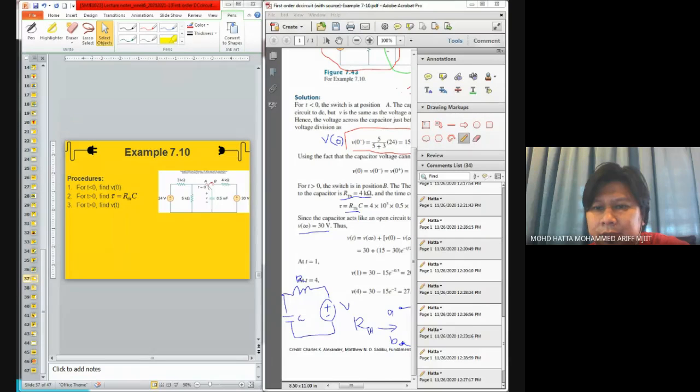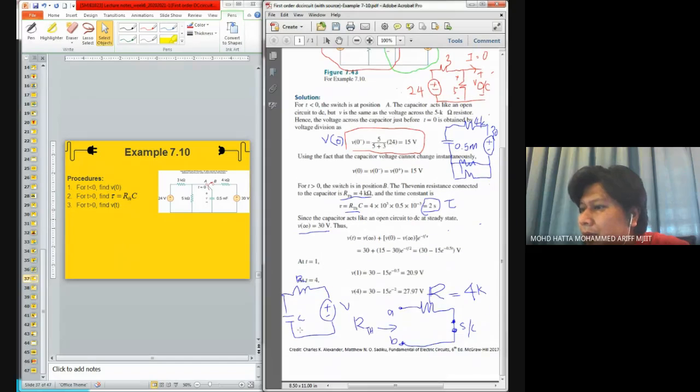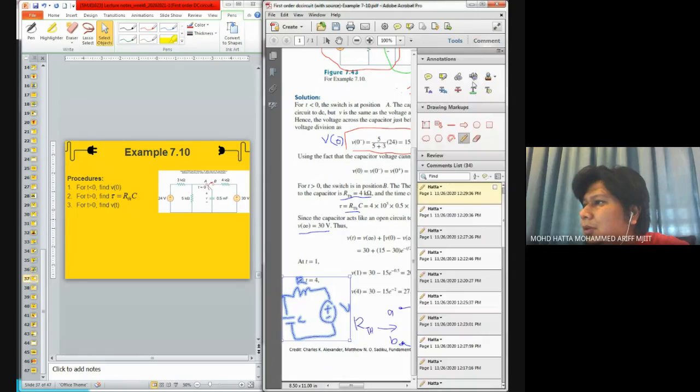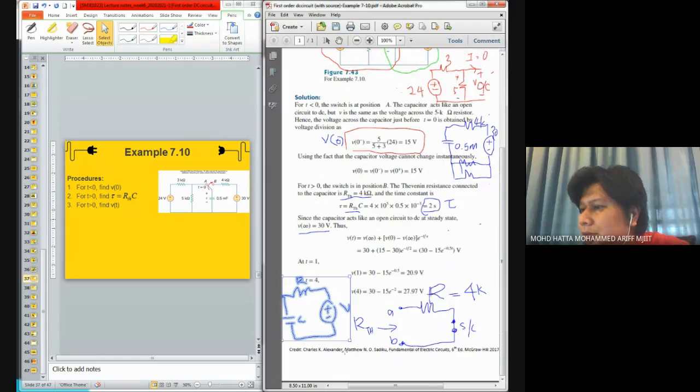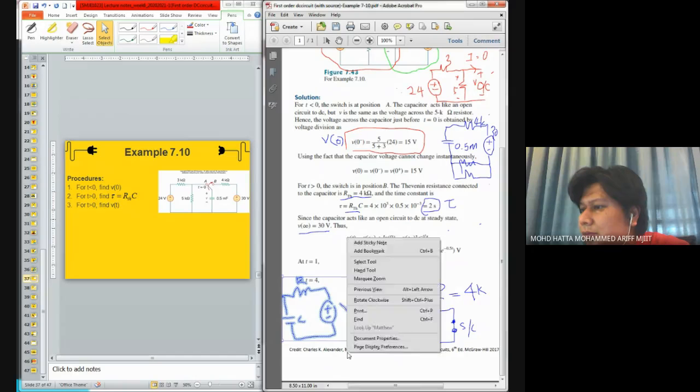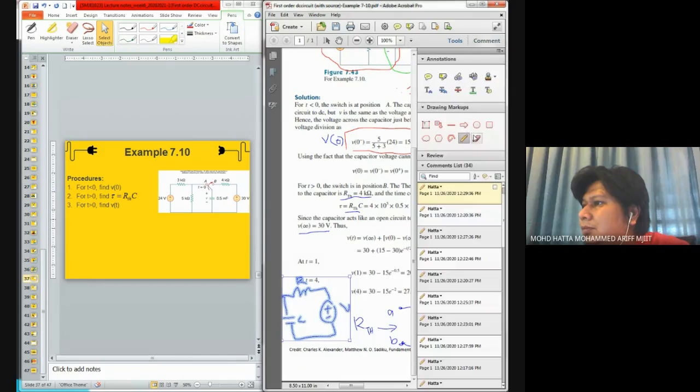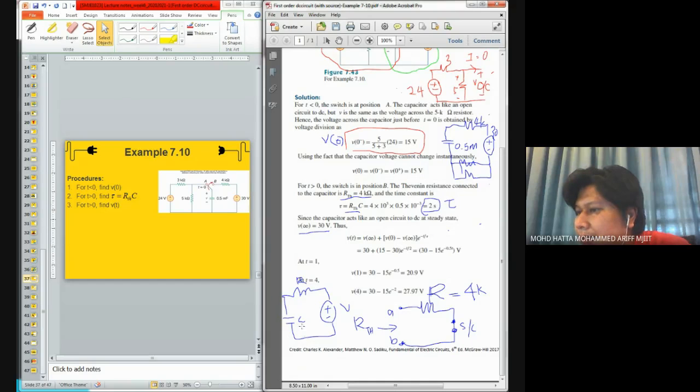The capacitor would become an open circuit.